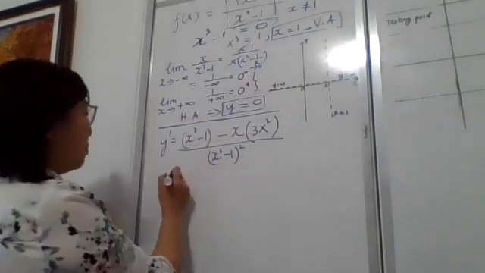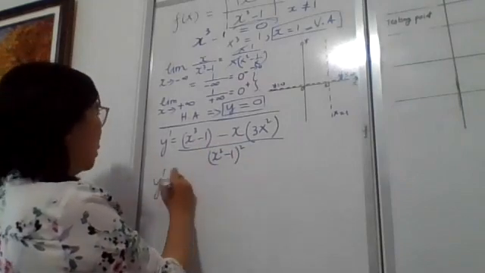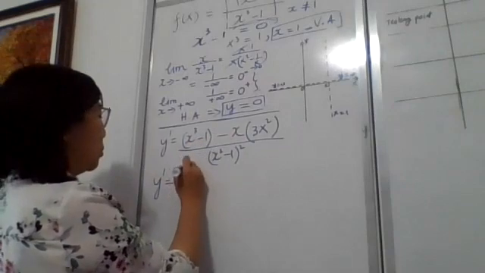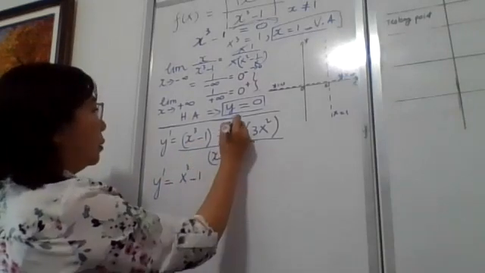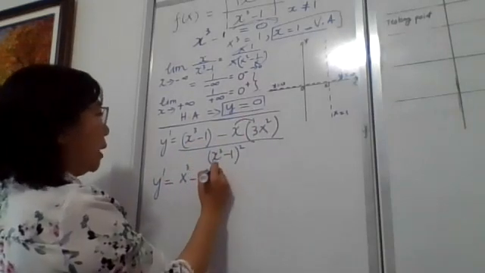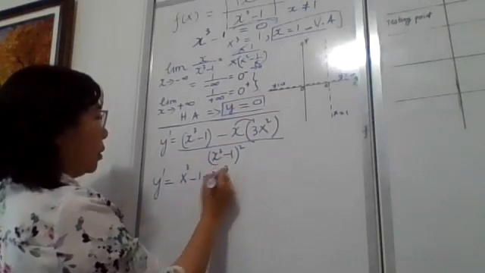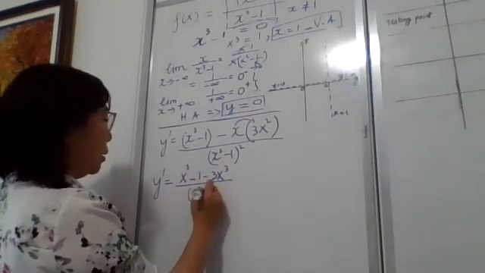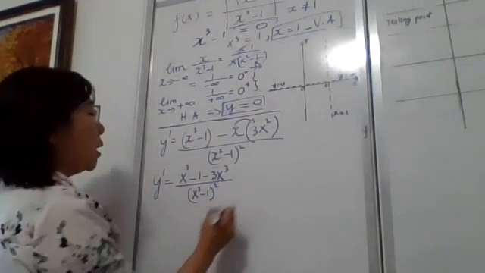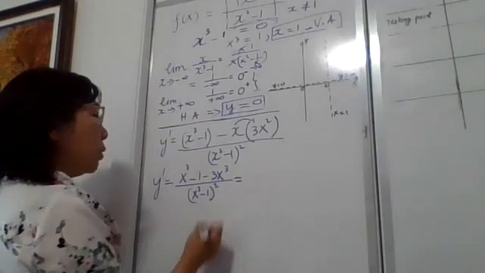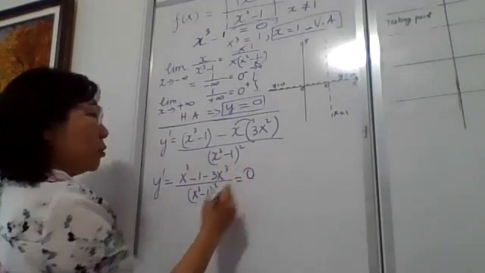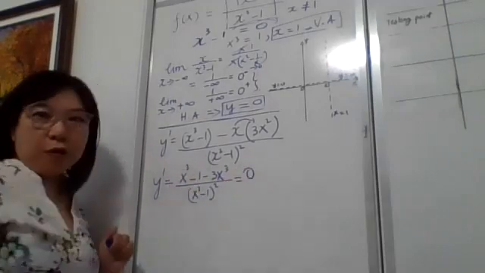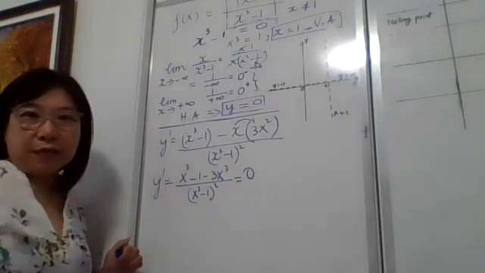So, let's summarize the first derivative. We have x to the power 3 minus 1 times 1, minus 3x to the power 3, all of this over x to the power 3 minus 1 squared. At this point, we can set this function equal to 0 to solve for critical points. Remember the previous lesson.